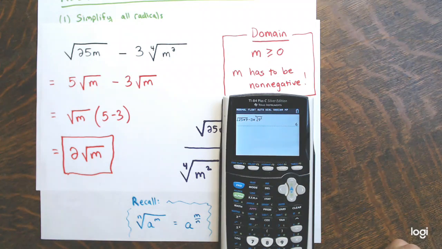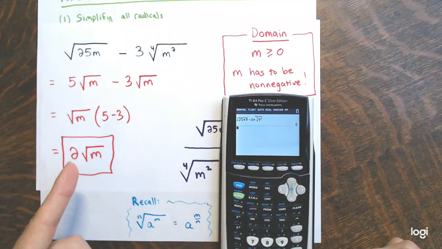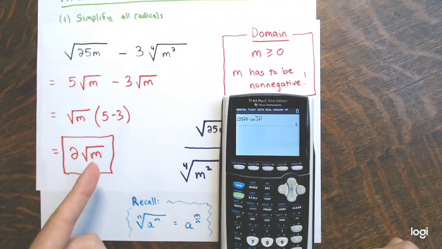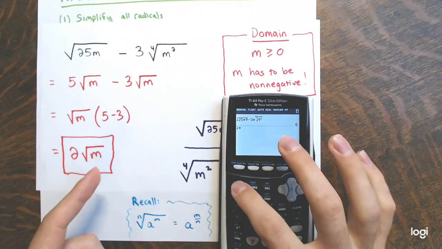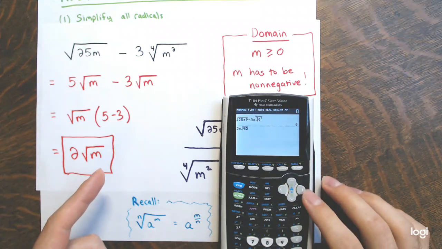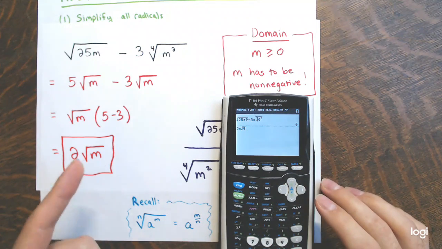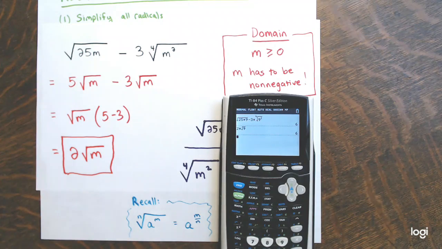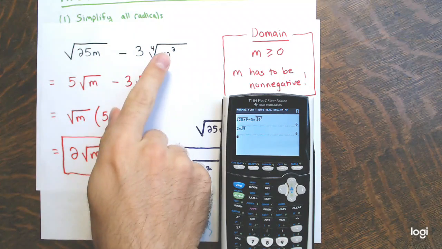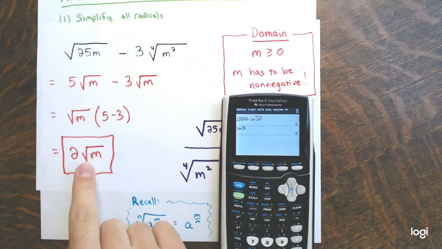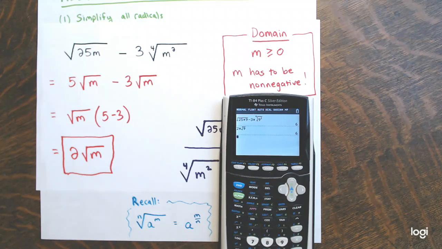That has a value of 6. And hopefully you can see that that is indeed equal to the final thing that we got: 2 times the square root of 9, the non-negative square root of 9. That's 2 times 3. That's 6. Wonderful. And again, try it with any other non-negative number, and you'll see that the value of this expression is indeed equal to the value of the last one we got in the box, 2 times the square root of m.